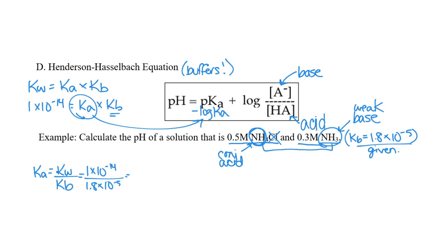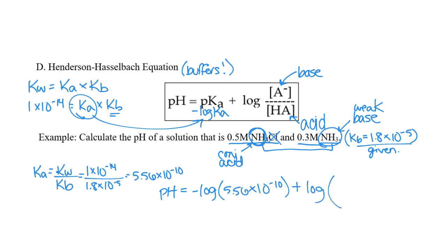That gives me 5.56 times 10 to the negative 10. So that's my Ka value. Now I can plug things into this equation to calculate the pH. So I'm going to do the negative log of my Ka value, which was 5.56 times 10 to the negative 10, plus the log of the base over the acid.